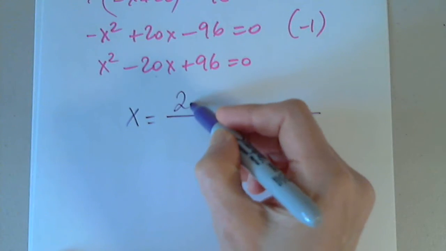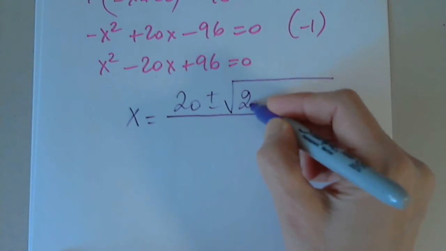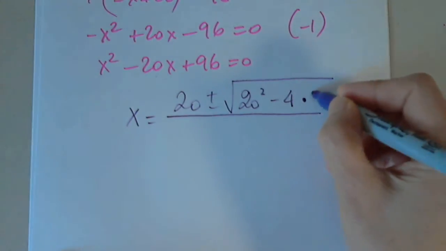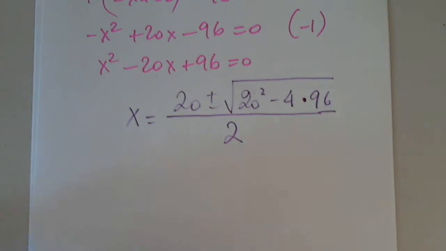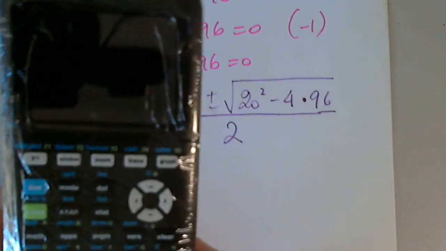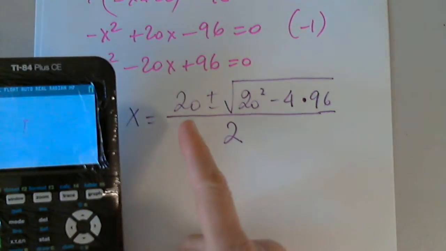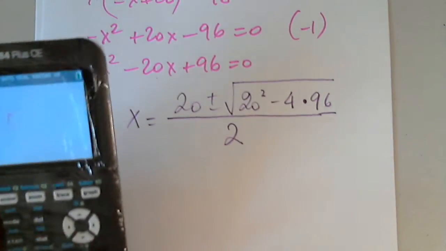Negative b plus or minus the square root of b squared minus 4 times 1 times c, over 2a. Where's my calculator? Here it is. Left parenthesis, don't forget the left parenthesis for the top. So 20 plus the square root.